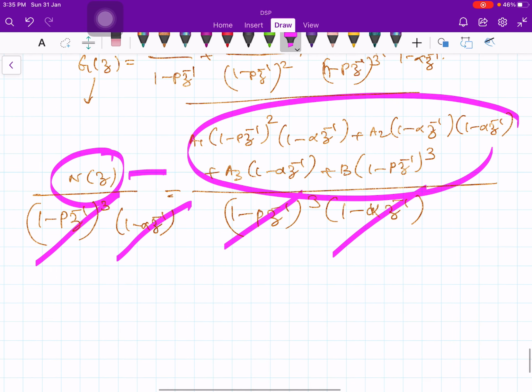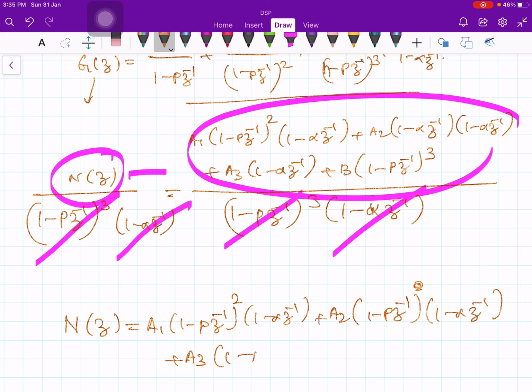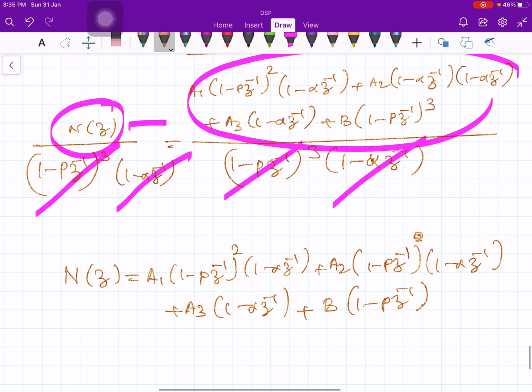Therefore n of z is equal to a1 times 1 minus p z inverse whole square times 1 minus alpha z inverse plus a2 times 1 minus p z inverse times 1 minus alpha z inverse plus a3 times 1 minus alpha z inverse plus b times 1 minus p z inverse whole cube.